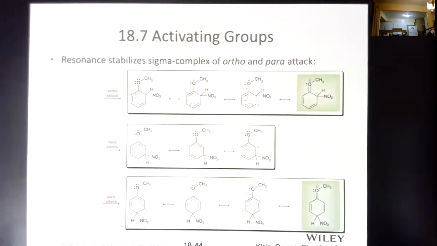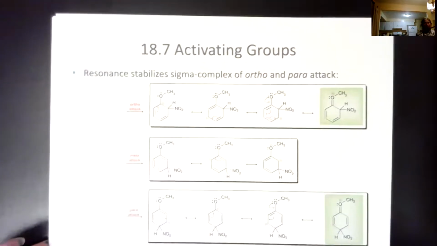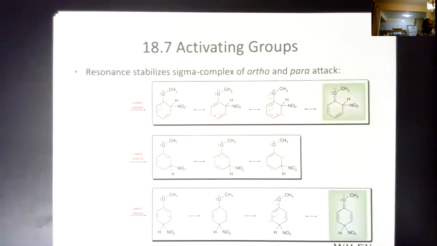Now we're going to see how resonance actually stabilizes the ortho product, the para product, and the meta product. Okay, just like how we did with the CH3.